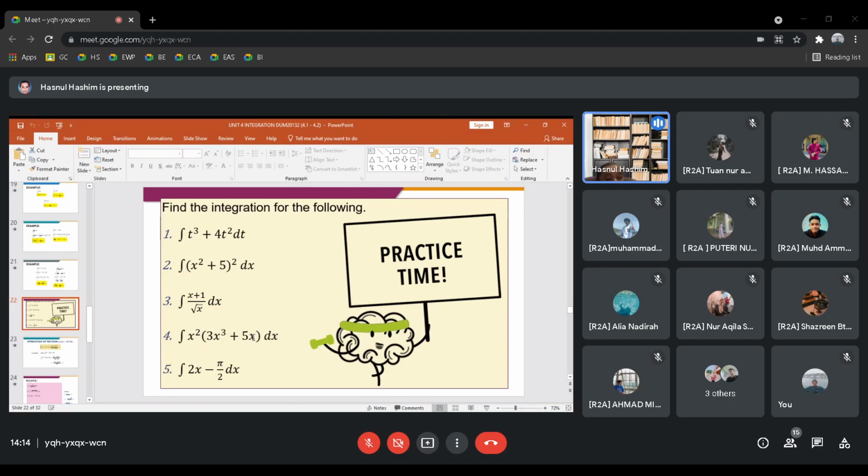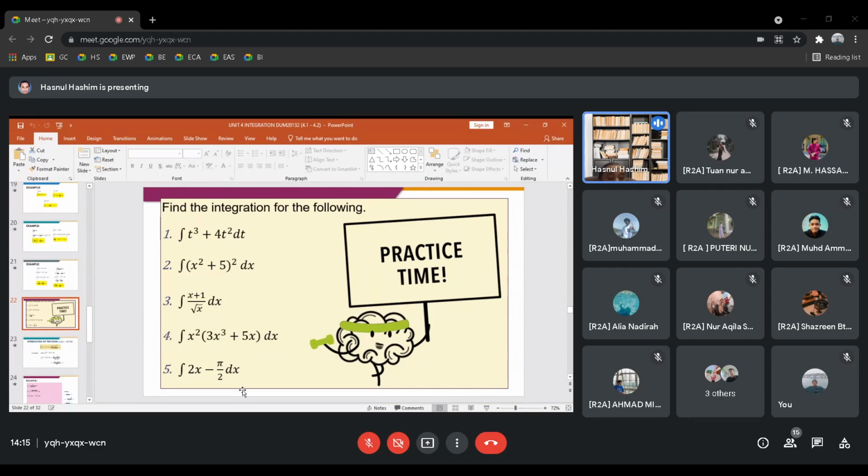So if we integrate, we have 3x to the power of 6 over 6, plus 5x to the power 4 over 4. So that's the answer.